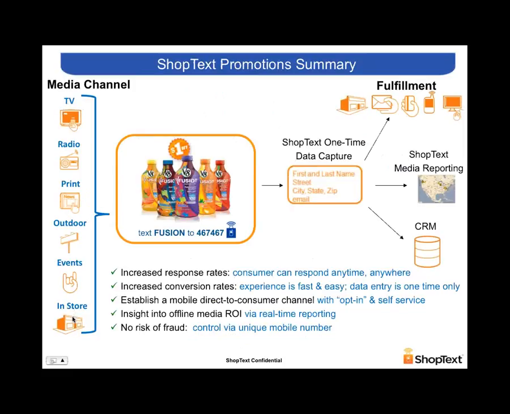Take all of your existing media, and in addition to or instead of driving the consumer online to request the $1 off coupon for the V8 V-Fusion, why not let them text Fusion to 467-467, capture the address and email, get your media reporting, pump it into the CRM, and now various methods are out there today to be able to deliver that value to the consumer.